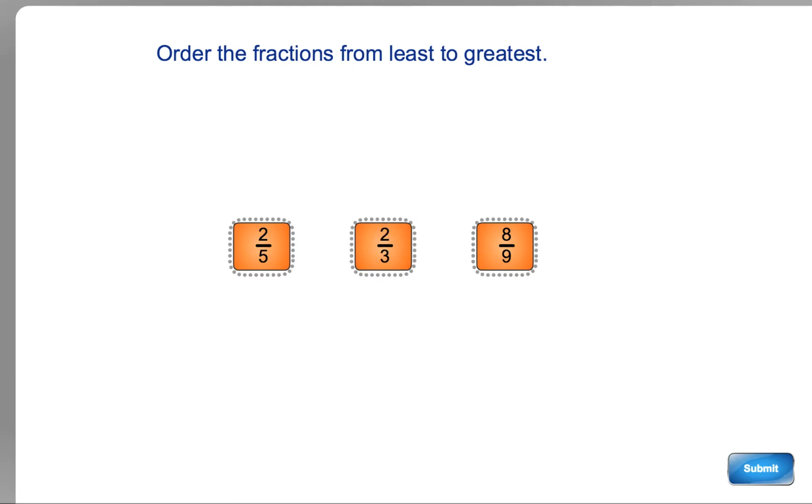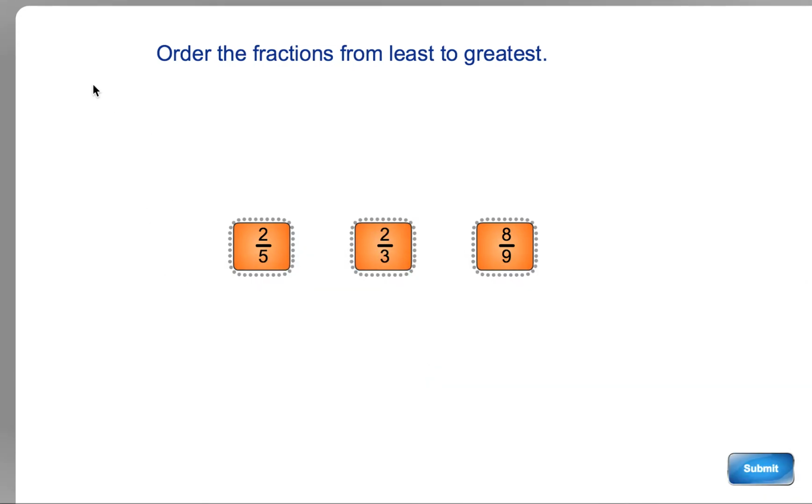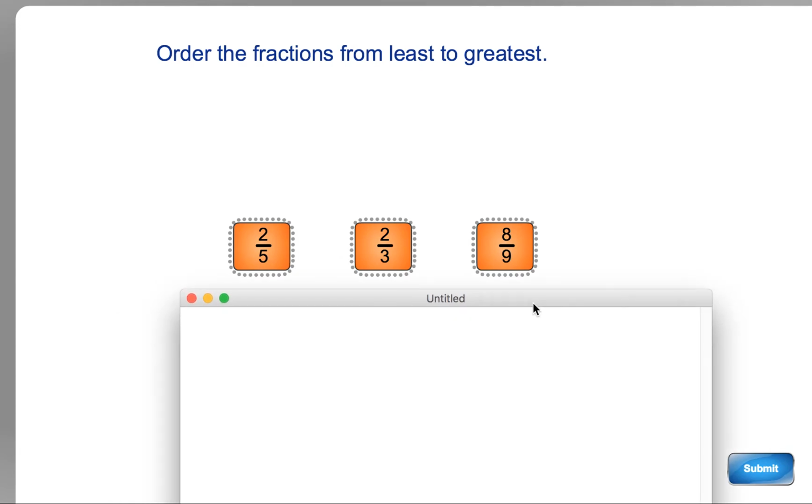But if you didn't know that, let's just use our equivalent fraction activity again. Let's just do another one of these. We've got fifths and thirds, so we're going to do 5 times 3 is 15. Put that underneath one and put that underneath the other. 15.